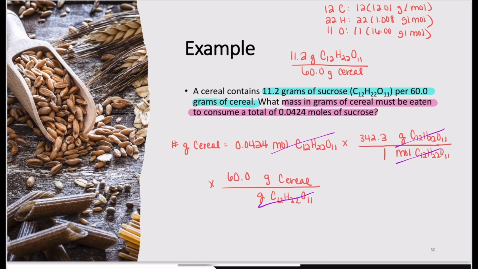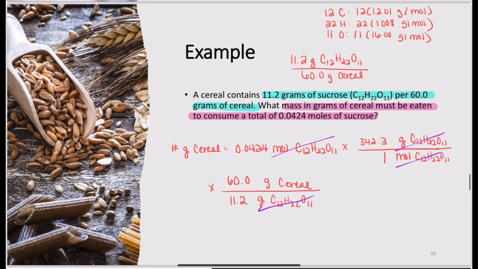But I have to put the correct numbers in the right spot. 60 grams of cereal contains 11.2 grams of sucrose. Again, conversion factors are equivalencies, multiplying something by 1, because 11.2 grams of C12H22O11 is contained in 60 grams of cereal.